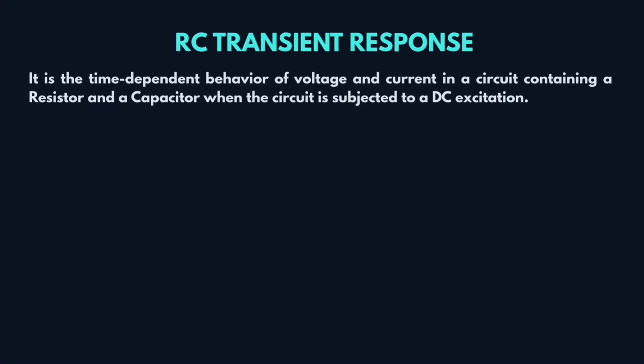RC transient response. RC transient response is the time-dependent behavior of voltage and current in a circuit containing a resistor and a capacitor when the circuit is subjected to a DC excitation like step voltage, or when initial energy stored in the capacitor is released.